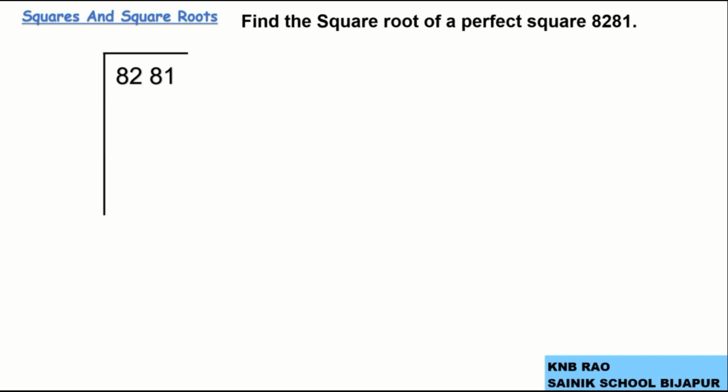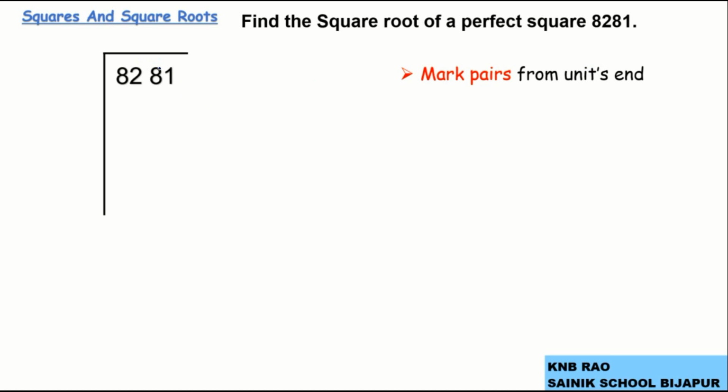Students, after drawing the lines, first step what we should remember is mark pairs of digits from units end. Mark pairs, very important thing here, what you have to remember, mark pairs from units end.